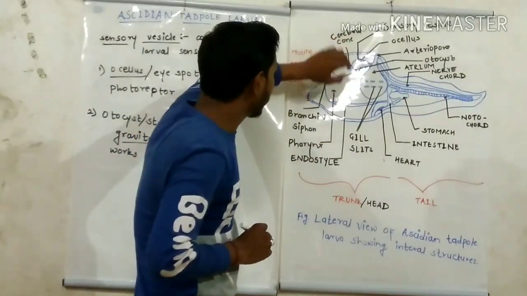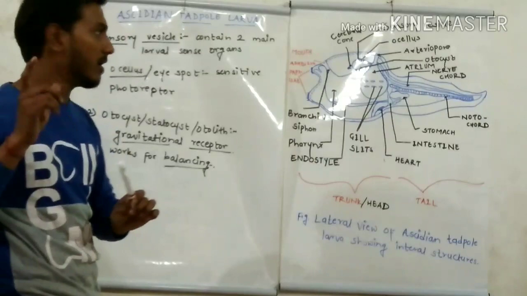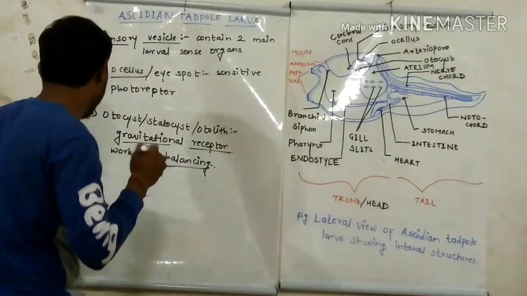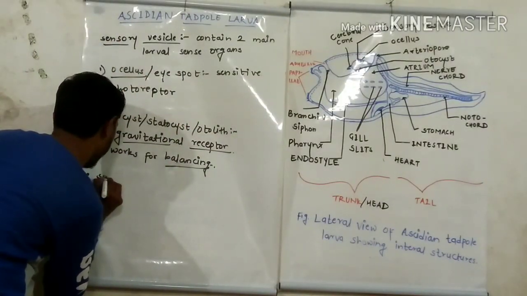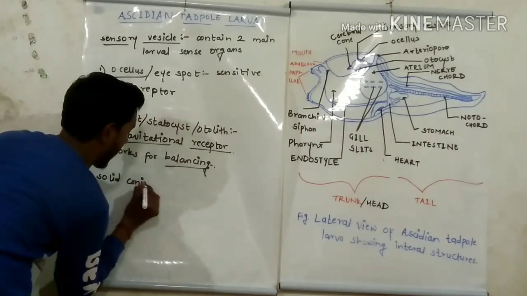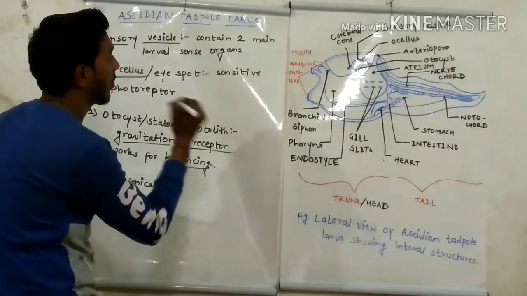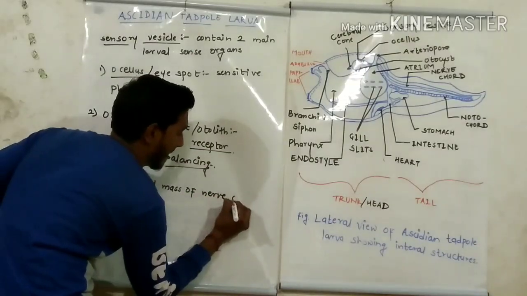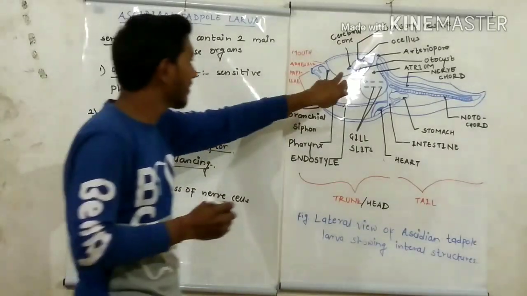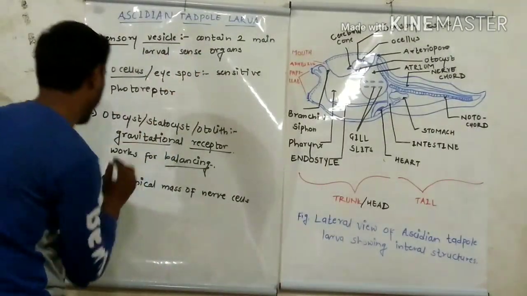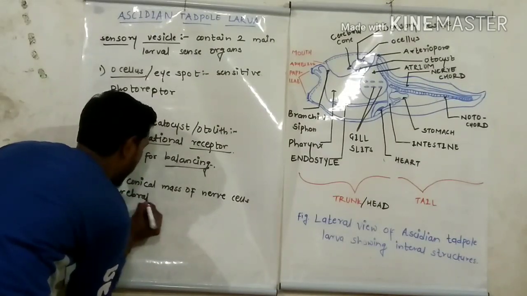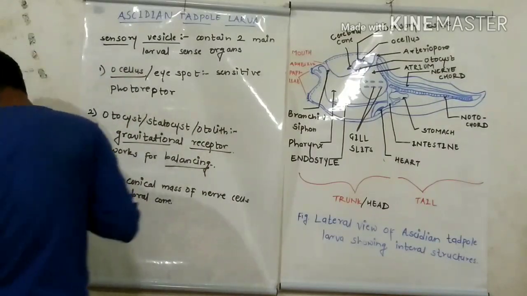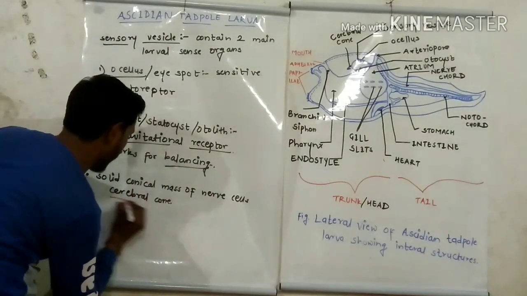Now this sensory vesicle is over. In front of this sensory vesicle there is a solid conical mass of nerve cells, known as the cerebral cone.